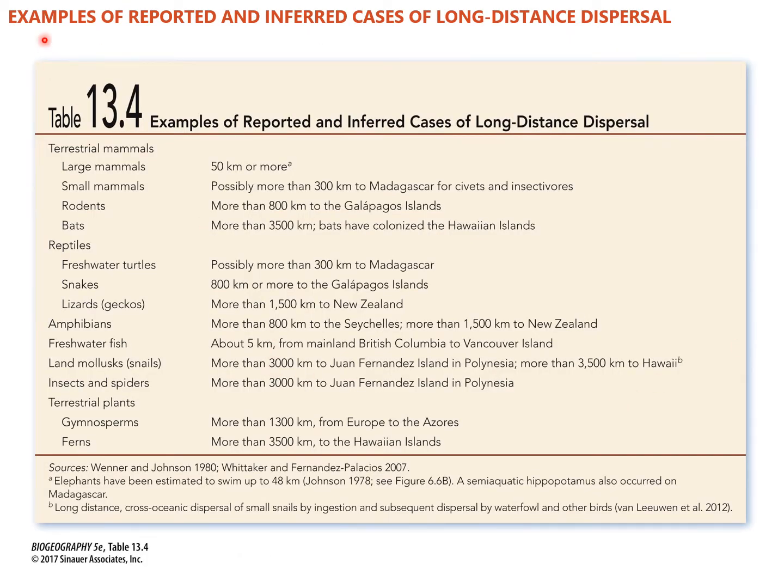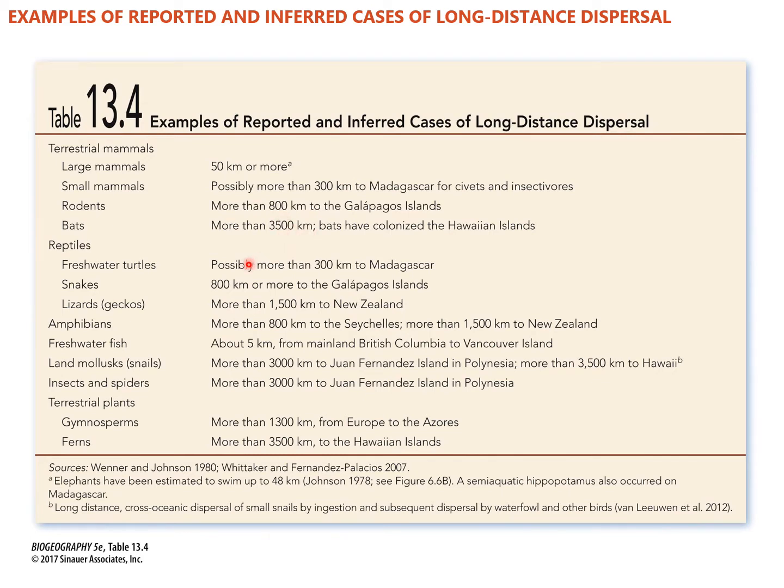There are some crazy examples. Here we're seeing the longest known dispersal for different groups, and some of them are really impressive, but they obviously differ between types of organisms. Terrestrial large mammals, 50 kilometers or more. Small mammals, 300 kilometers. Rodents and bats can disperse pretty far.